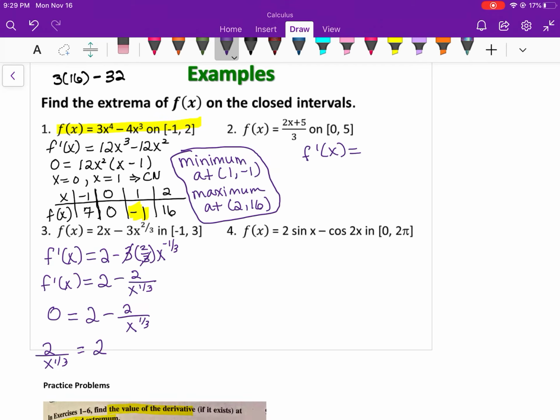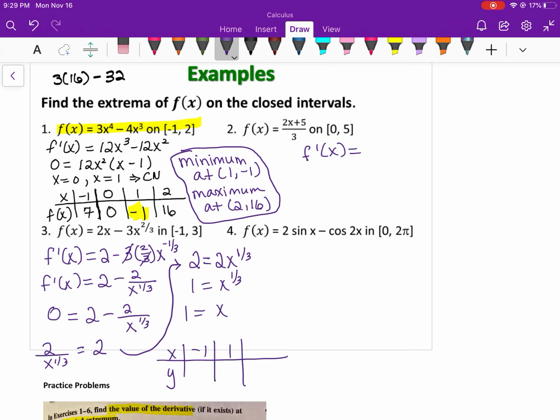I'm going to multiply both sides by x to the 1/3 and divide by 2. So the cube root of 1 is 1. Okay. Set up my table. Let's see, we want -1, that's the endpoint. We want 1, that's our critical number.